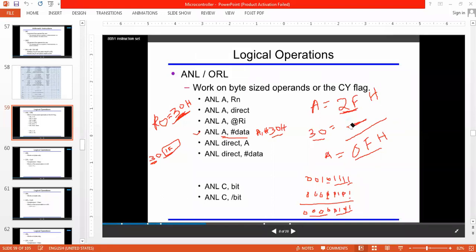I'm not storing any data anywhere. So what is the direct value? The direct value is 30H. So now F into 0, that is going to be 0. 2 into 3, that is going to be 2. 20H. Understood?